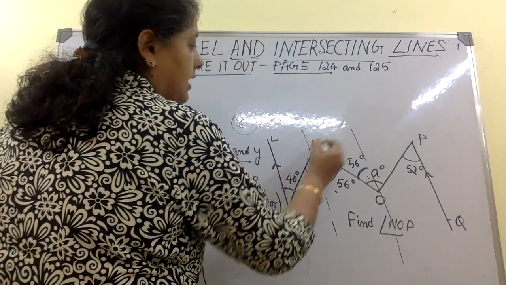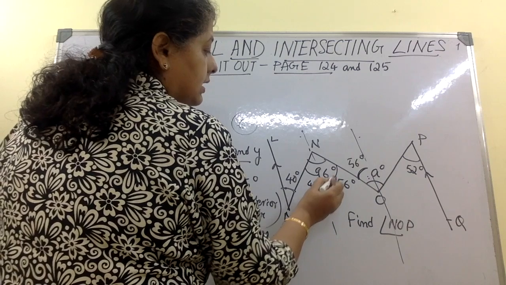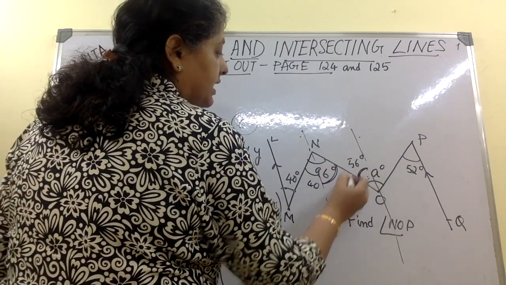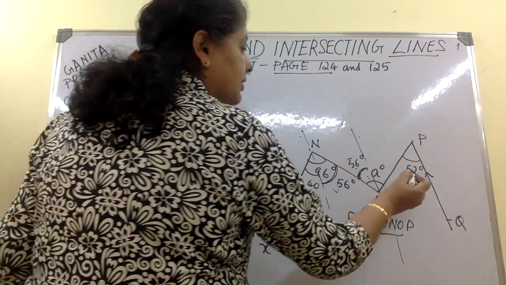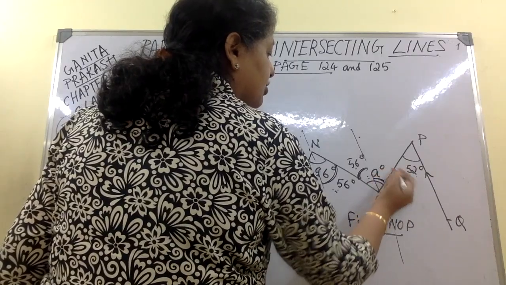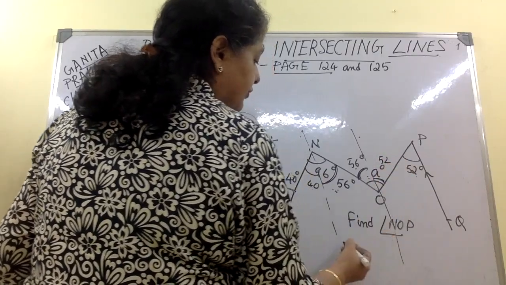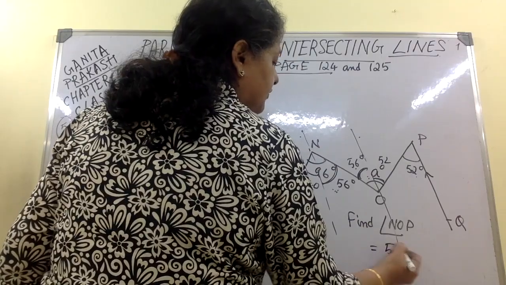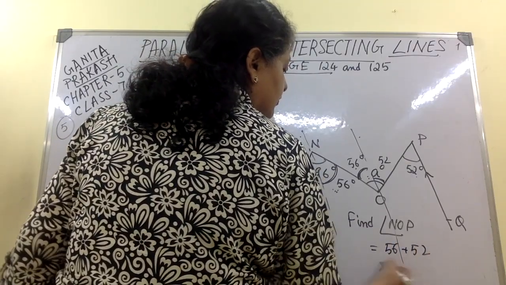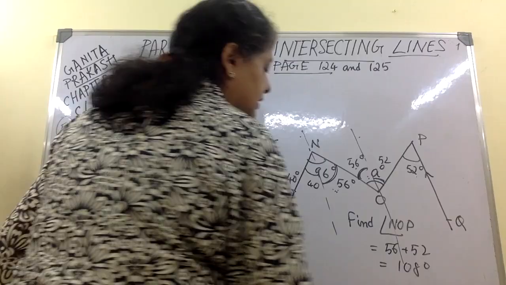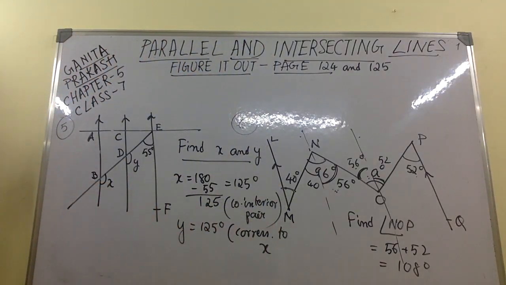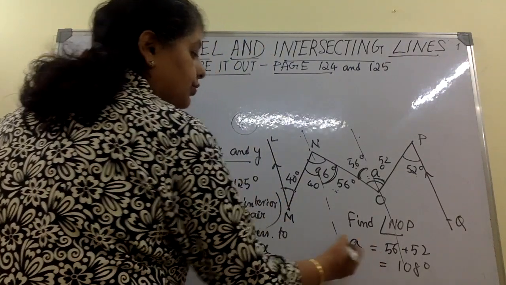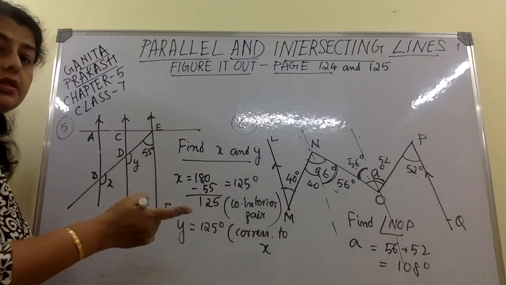If you see these two parallel lines, the angle here and the angle here make 56 degrees. Similarly, the angle here and this much make 52. Therefore, angle NOP is 56 plus 52, which is equal to 108 degrees. So the answer is 108 degrees.